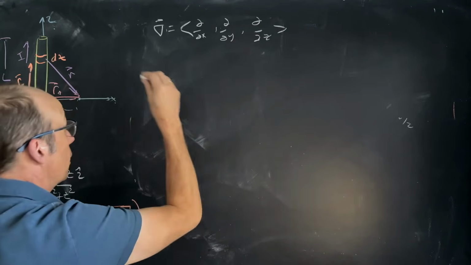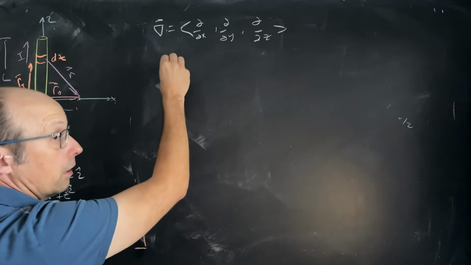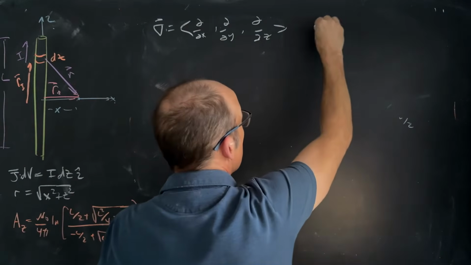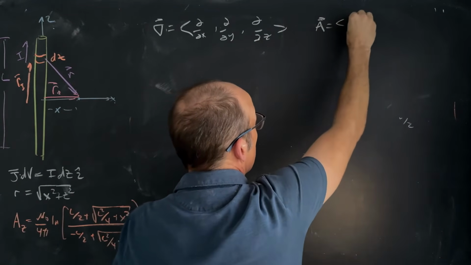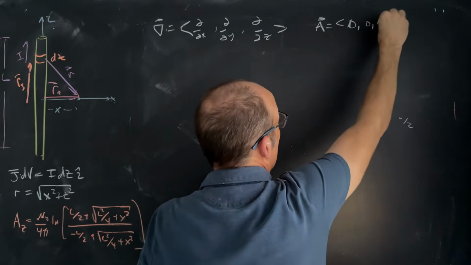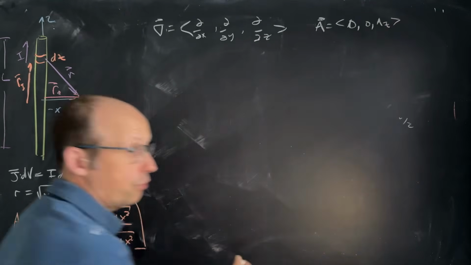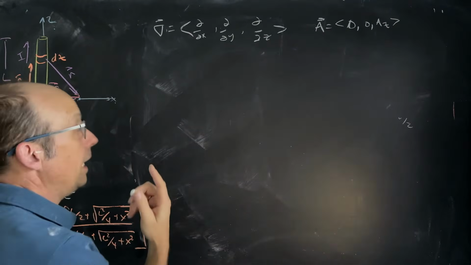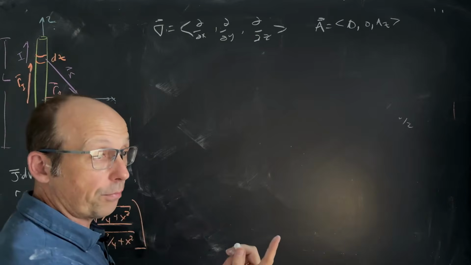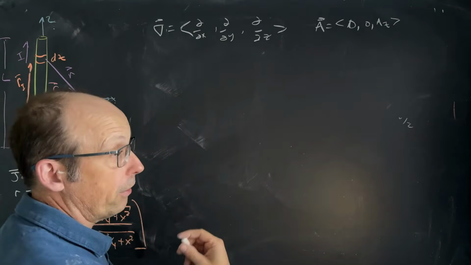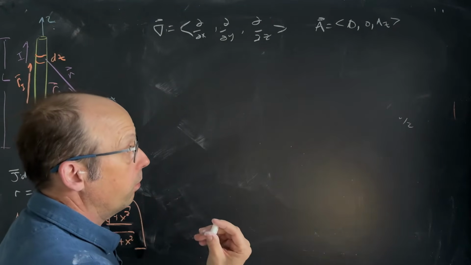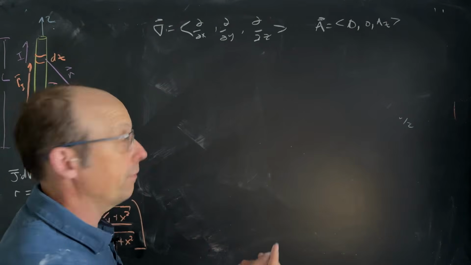So if I take the curl, and remember, my A vector is 0, 0, AZ. So we're going to use that already. To take the curl, we're going to use the cross product with the operator. Now, that means that we can use the determinant definition of the cross product.